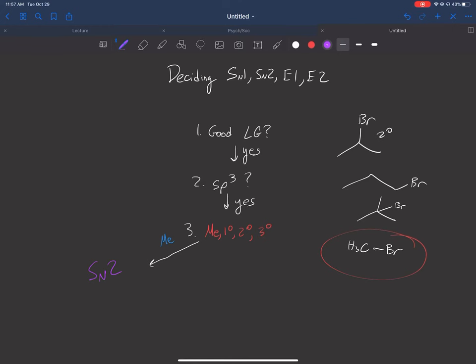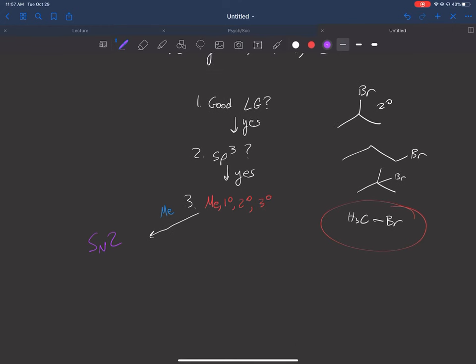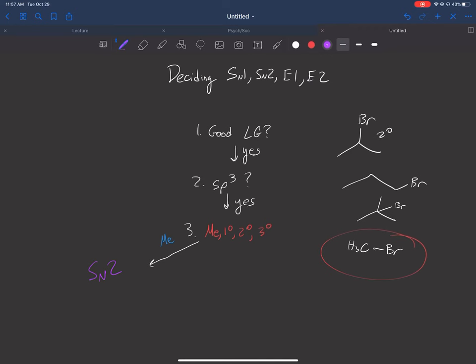At least I hope it's coming across that it's making sense to you guys. I know this topic is pretty difficult. I'm not gonna lie, to understand initially, I did have a hard time in the beginning. I looked at these charts and it was throwing me off. Once I moved past the charts and started thinking my way through them, it got much, much easier. All right, so that's a methyl situation.